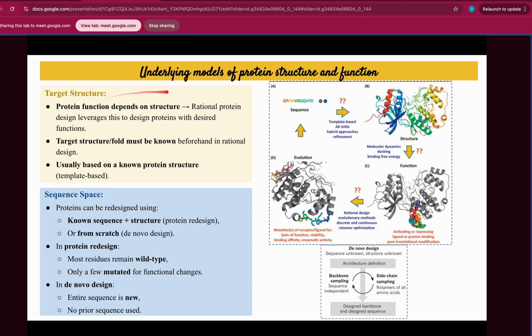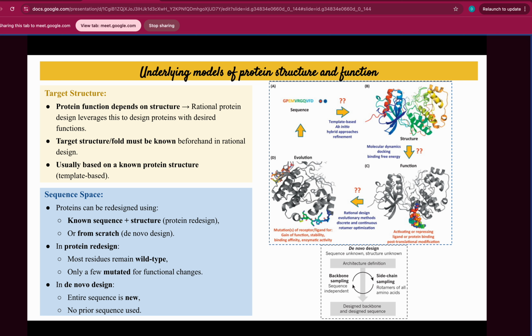Now we'll see what is the target structure. So in the rational design, how do we begin? Target structure: protein function depends on the structure. So rational protein design leverages this to design proteins with the desired functions, because different studies have shown that a primary sequence of amino acids determines its structure, and different proteins which have similar structures have similar functions.